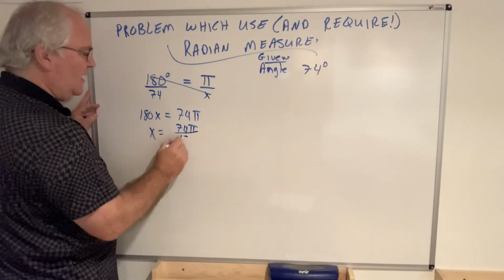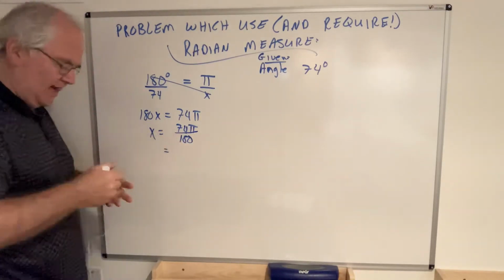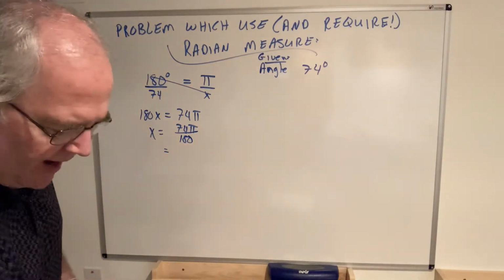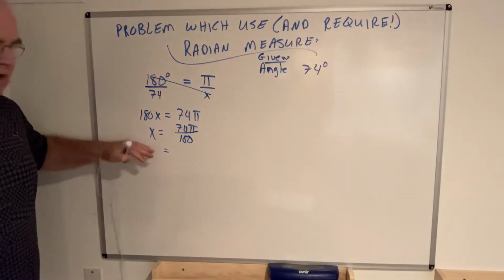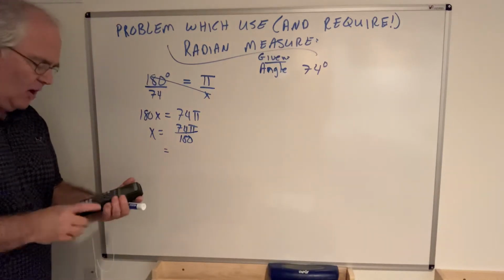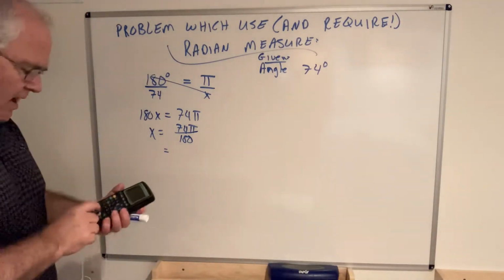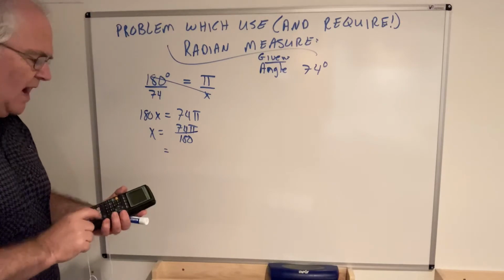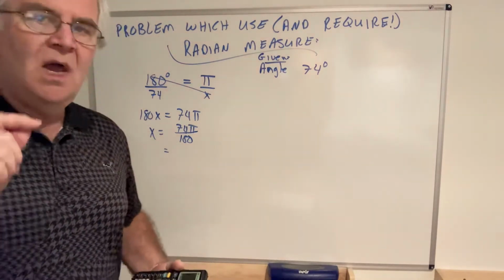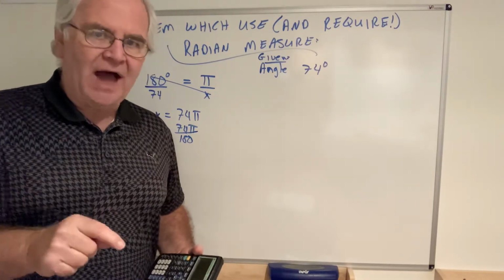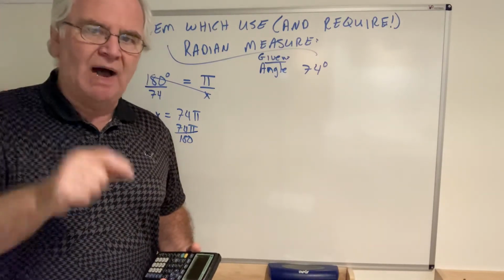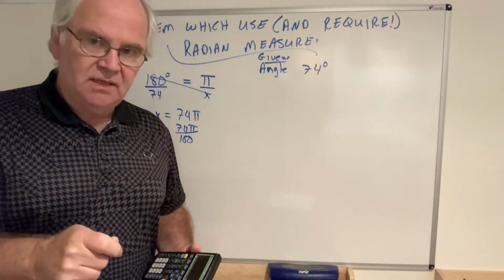74 pi over 180. And then, and only then, do we reach for the calculator. Show this work, that way I know that you know what you're doing. Now we reach for the calculator. On your scientific calculator, you have a button which gives you pi.